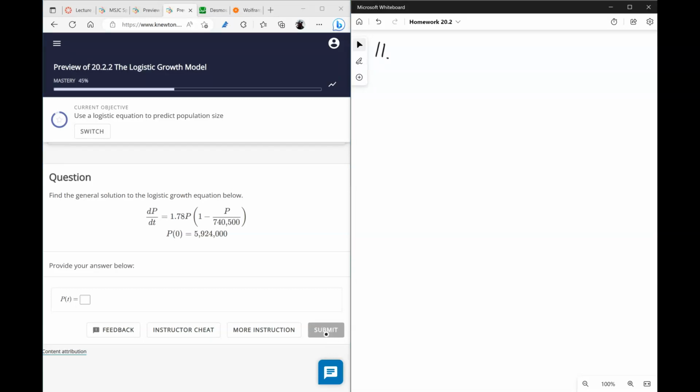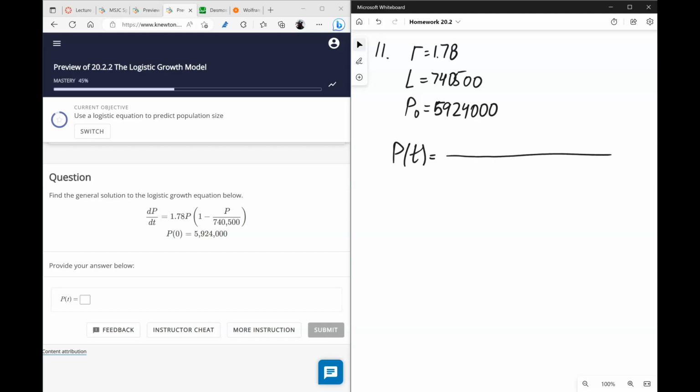Another one of these, right? So we have R is 1.78, L is, P0 is, so we're going to write the answer as we did many times already today.